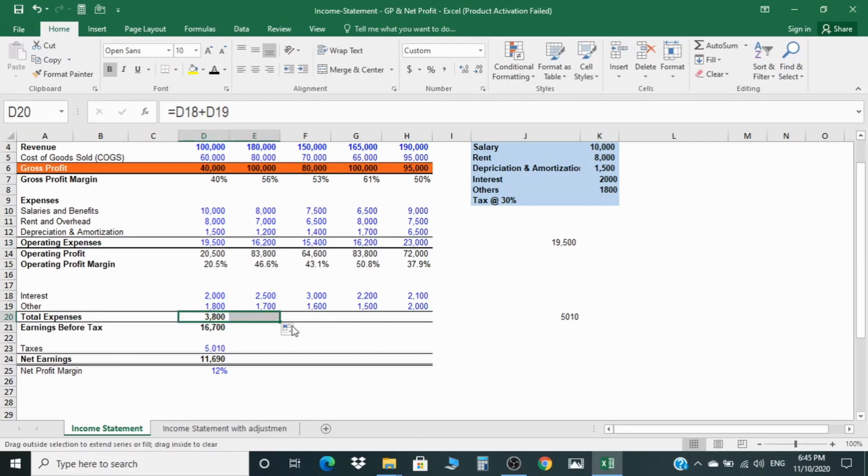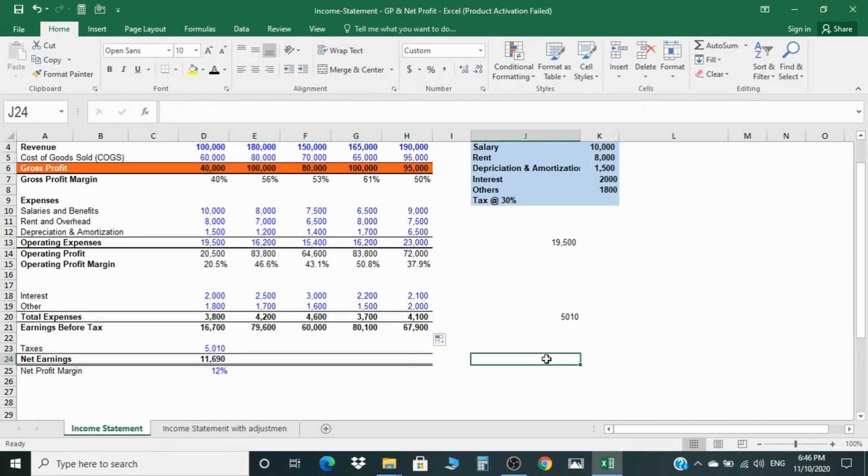You will get everything like this. You get it, right? Just drag up to there. And you get all the earnings before tax, right? Okay, so this is the taxes. Even here you don't need to struggle.